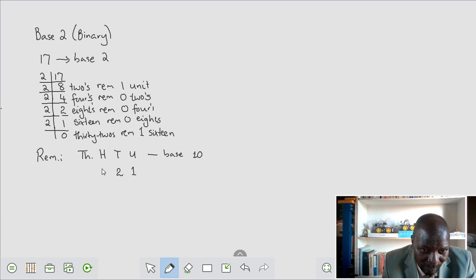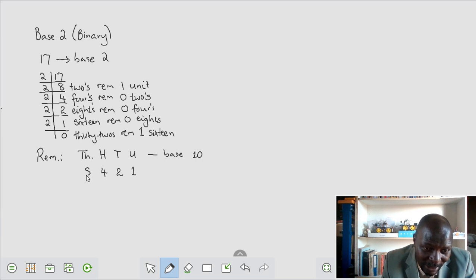2 times 2 is 4. So the third column corresponded to hundreds in the case of 10. In the case of 2s, we've looked for 2s twice, so it's 4s. In the case of thousands, where we looked for 10s 3 times, here we've looked for 2s 3 times.